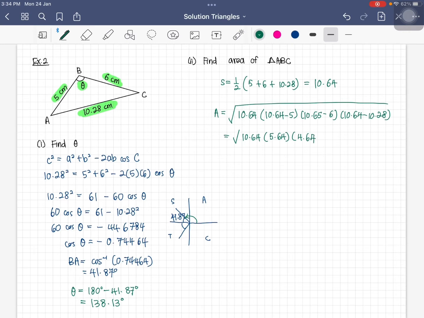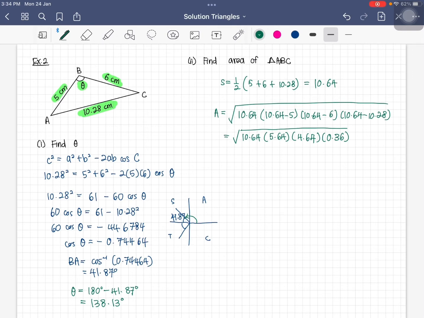That one should be 4, not 5. 10.64, and then I have 0.36 in this case. Let me just multiply the ones in the brackets first.